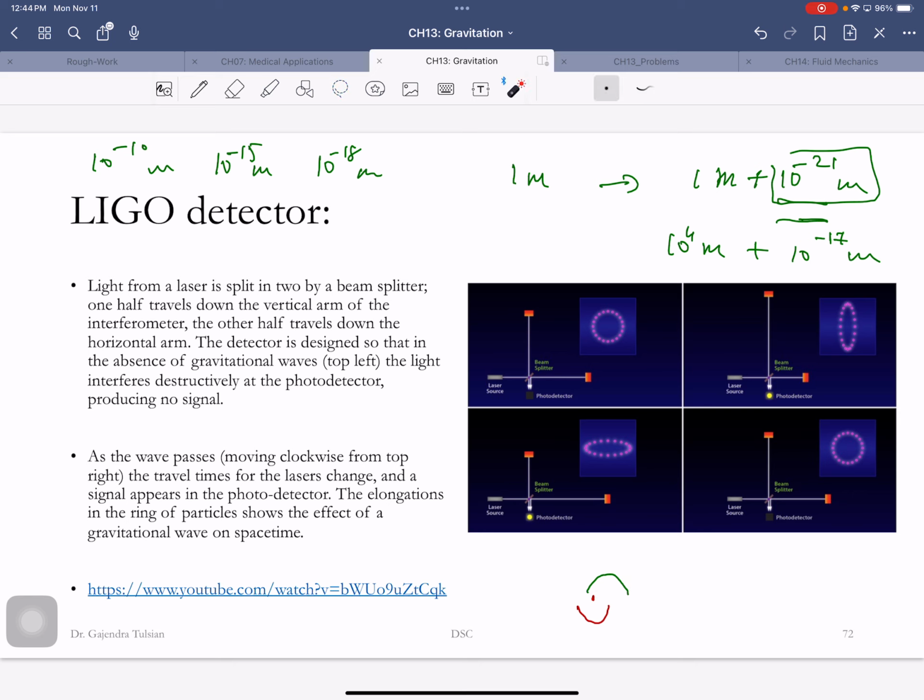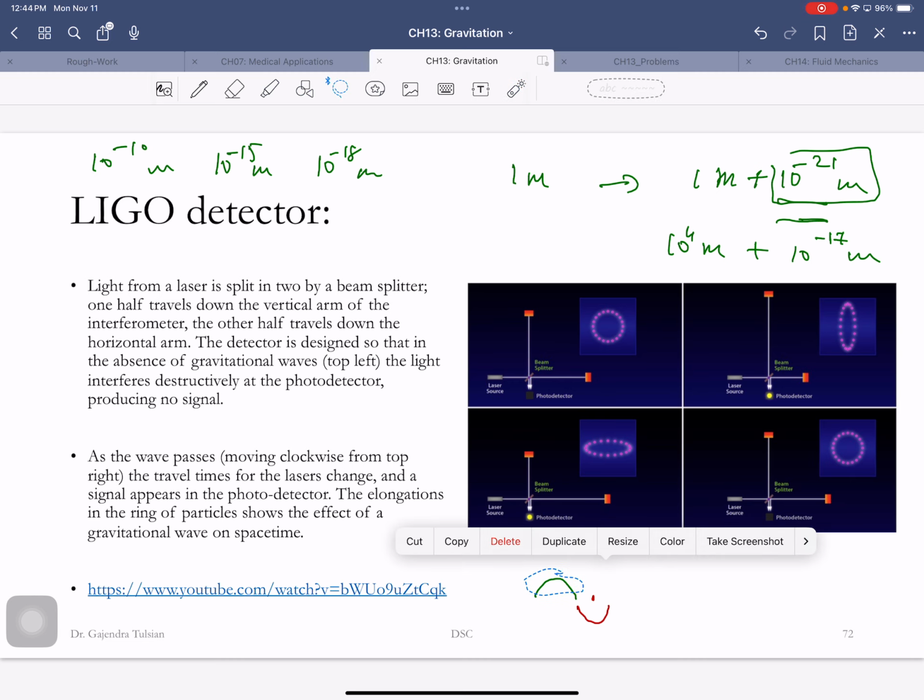When this stretches, this has traveled a longer distance than this, and again there's a mismatch. This is highly exaggerated. The mismatch is ever so slight because this distance was 10 to the minus 17 meters. That's how much they've moved. Very small distance.